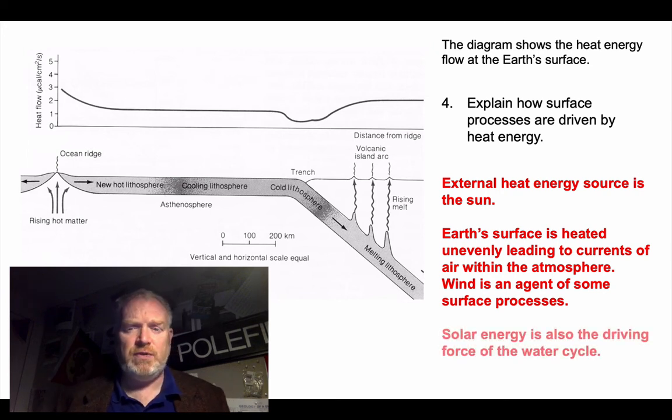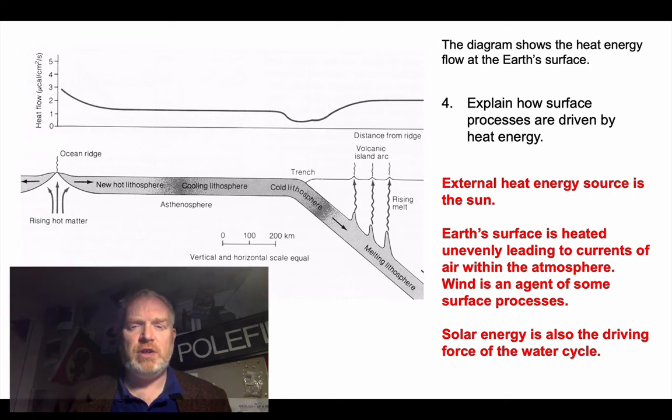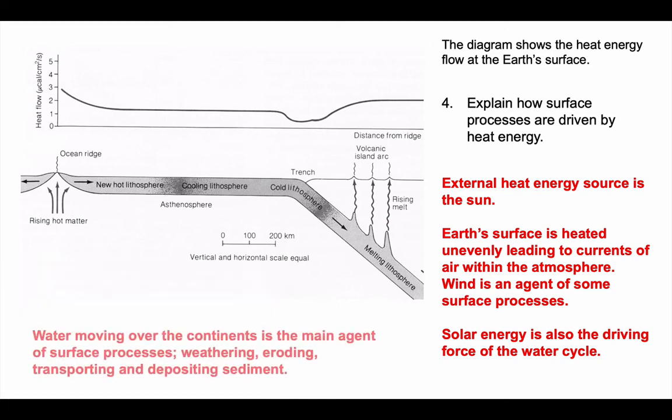That can be an agent of surface processes. The bigger agent, though, of surface processes is going to be the water cycle. And that, again, is driven by solar energy. As the water's moved around the water cycle, it will weather, erode, transport, deposit sediment as it's moving.